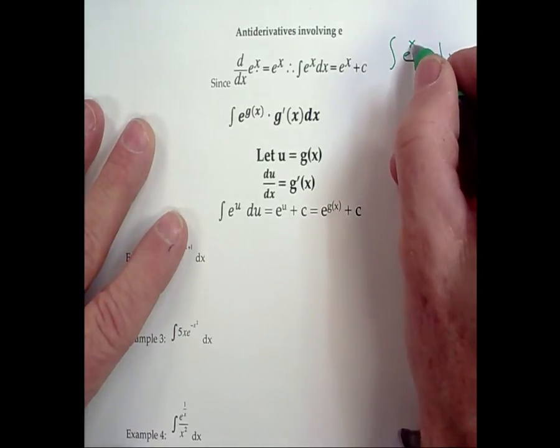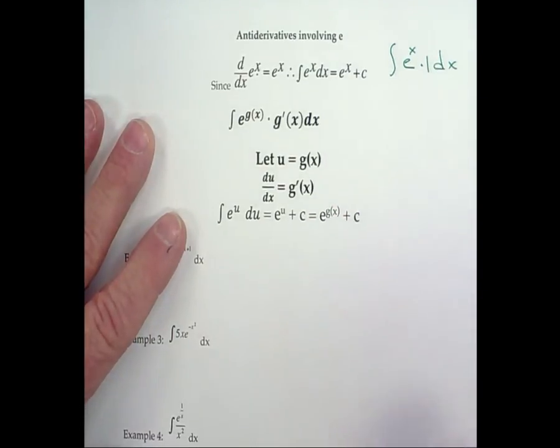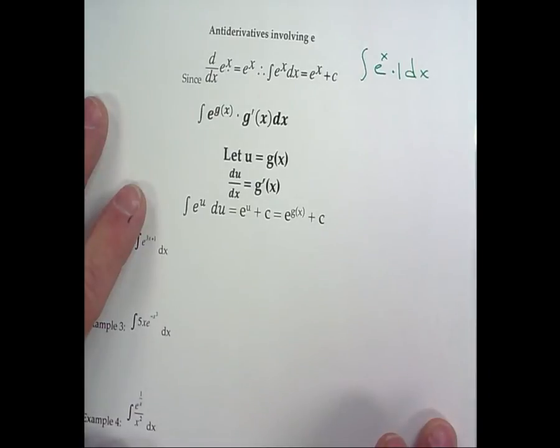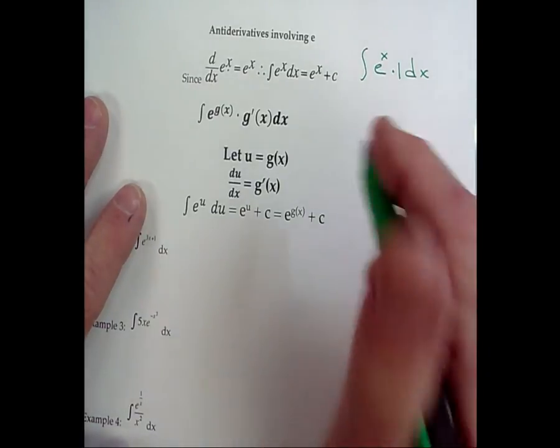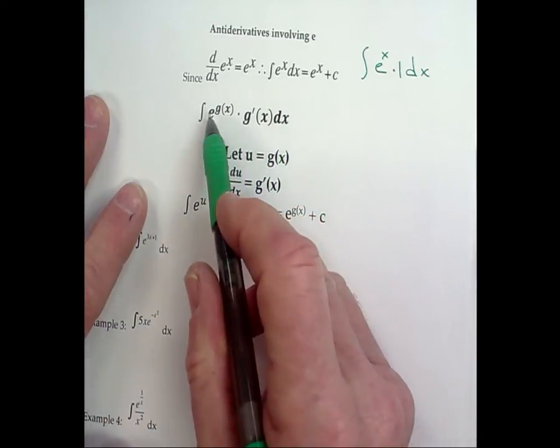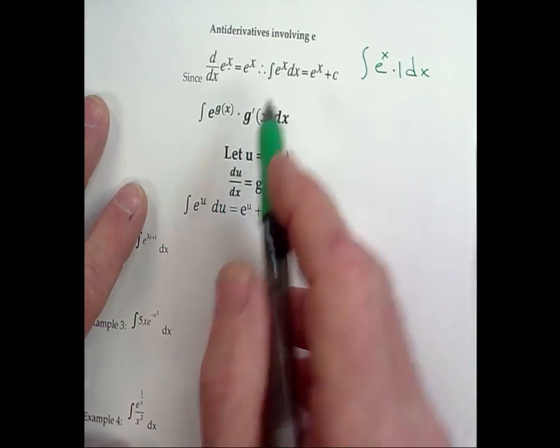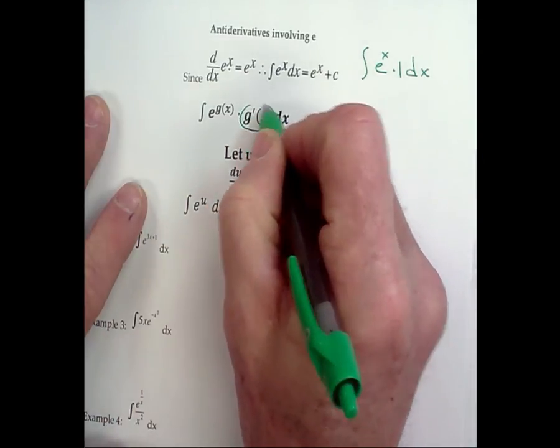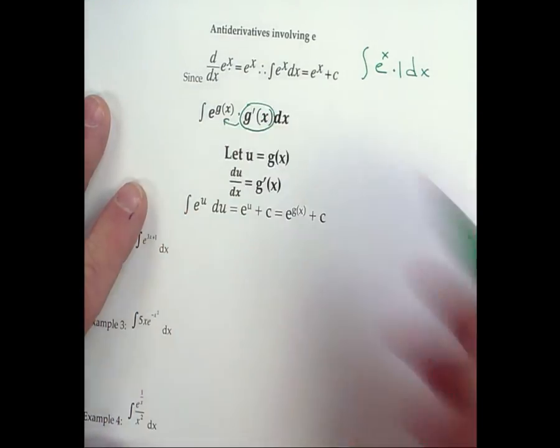The derivative of the exponent exists in that integral, doesn't it? And so when I reverse this, as long as this exists, you end up getting that as your answer.